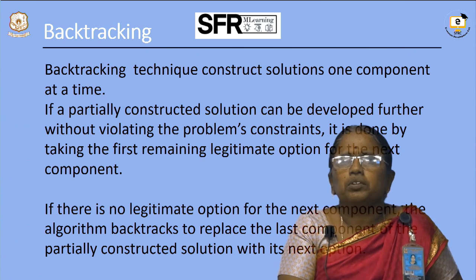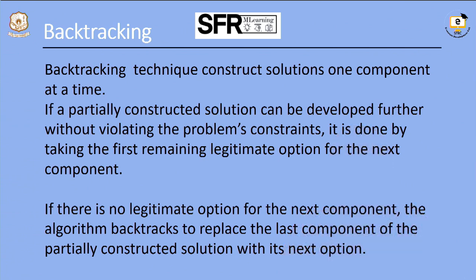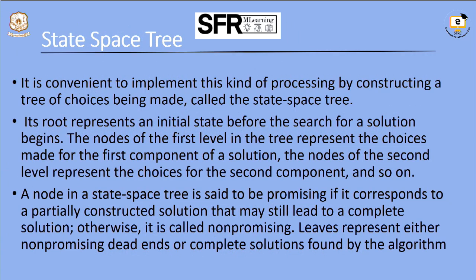So, what is the backtracking technique dealing with? The backtracking technique deals with constructing solutions by selecting a partially constructed solution and developing it without violating the constraints of the problem. So, how are we going to finalize the constraints?